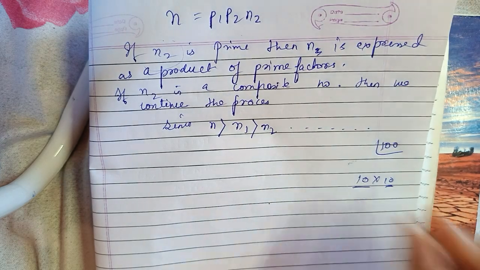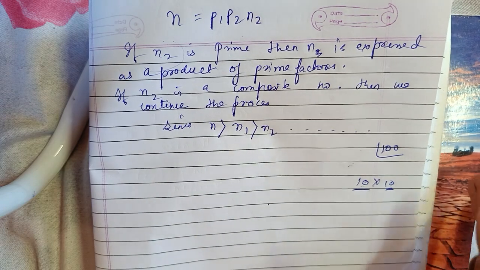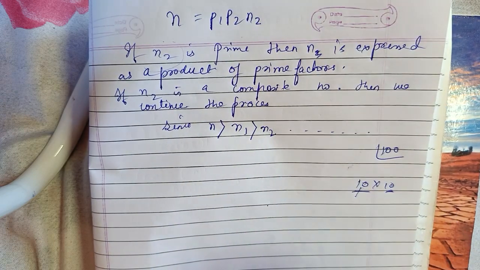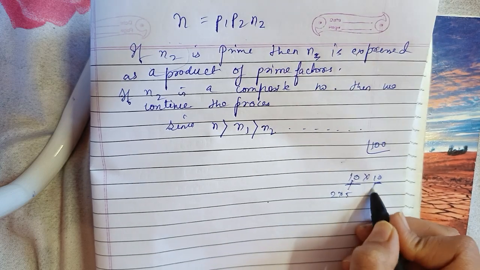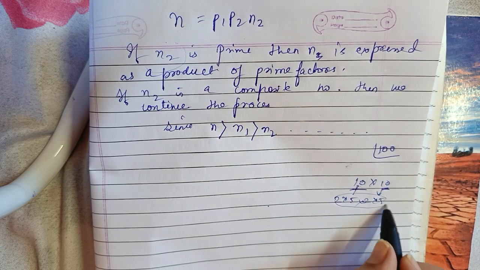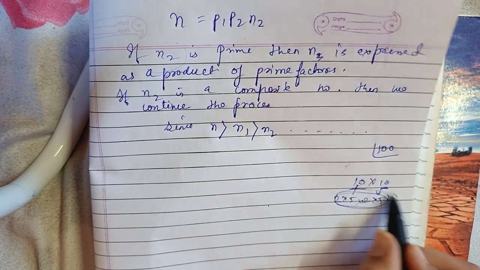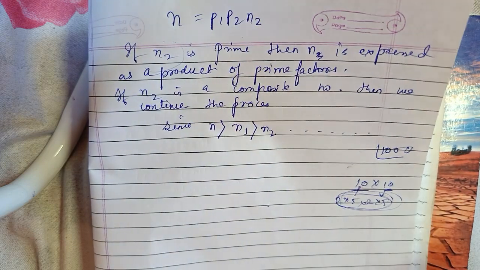We have to express it as the product of prime numbers. So it can be further written like 2 into 5. Now all the numbers are prime, right? Think of 1,000.